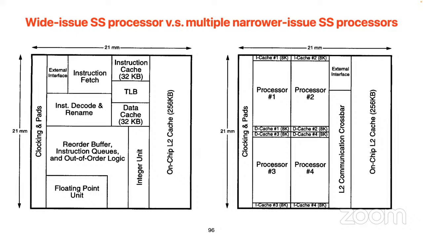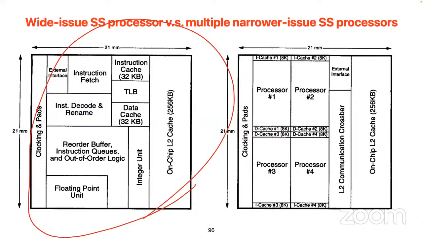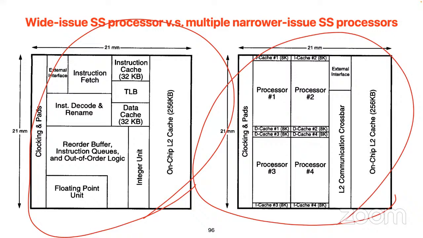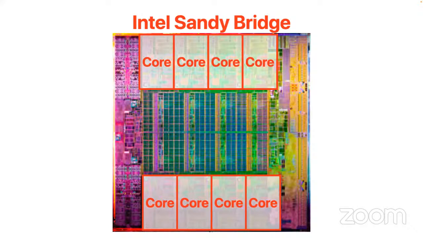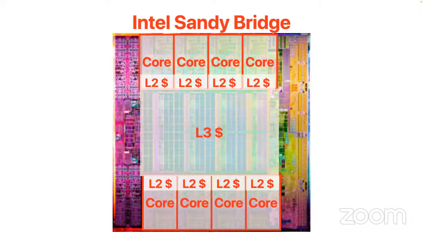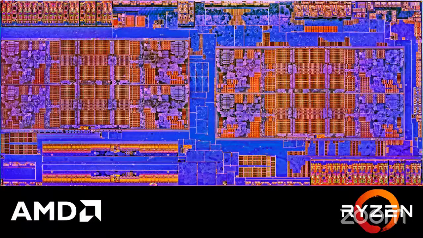So an analogy would be you can produce the left-hand side processor with high frequency and high power consumption, but you can only get a limited amount of instruction-level parallelism from programs, or you can build the right-hand side one with more processors, each with narrower issue, allowing you to exploit more concurrency from your programs. Modern processors take the right-hand side design, in that they are all multi-core processors with shared cache and private cache.